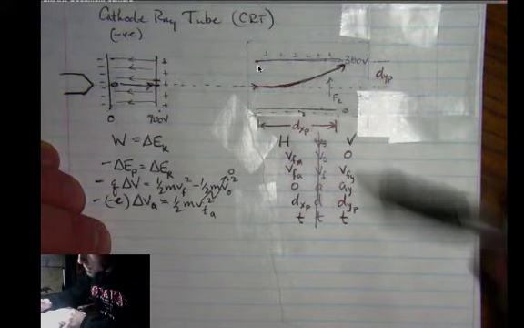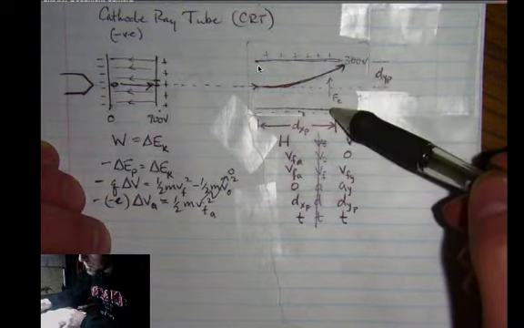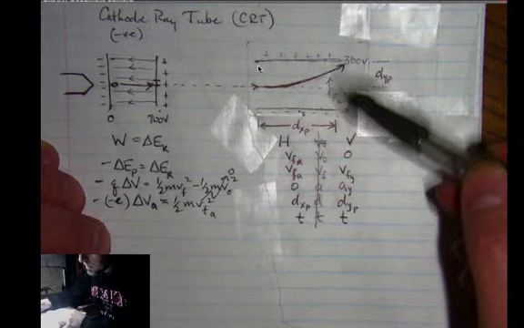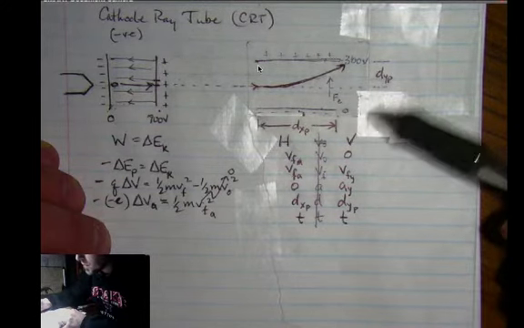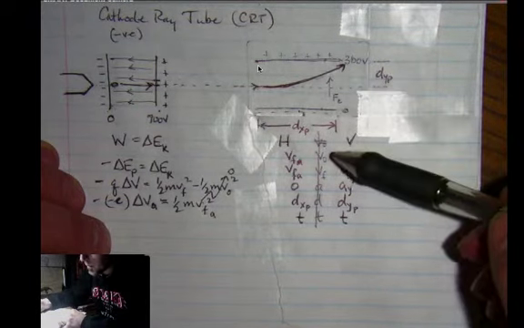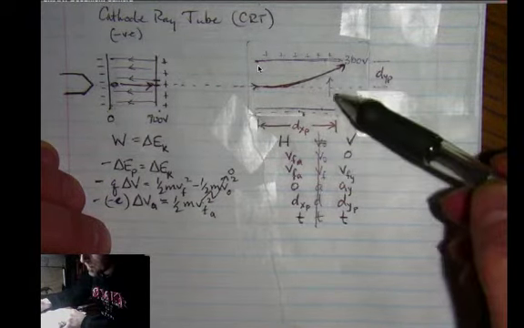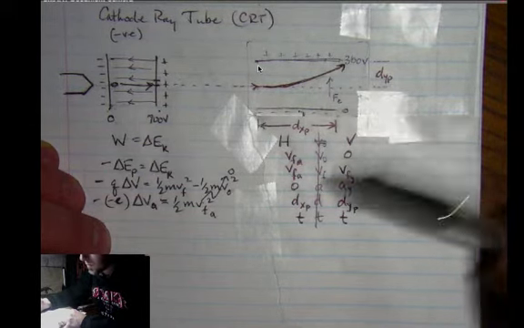The deflection will be dependent also on that voltage and the force that the charge incurs while moving through those two plates. The final velocity and the y will be dependent on that voltage, or the force that is acting on the charge as it moves between those two plates.